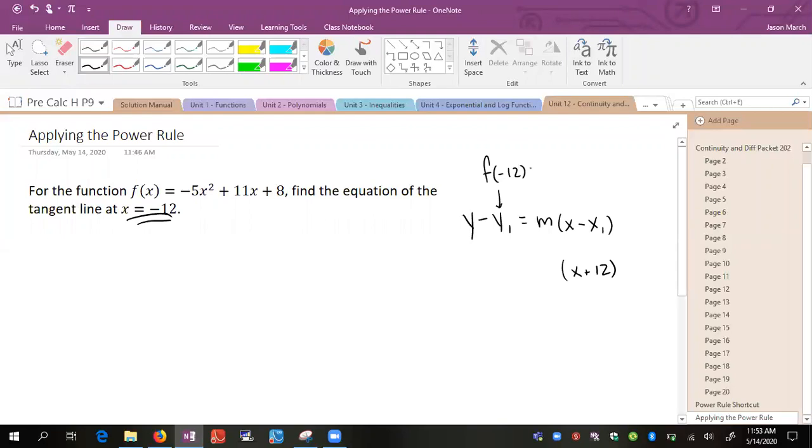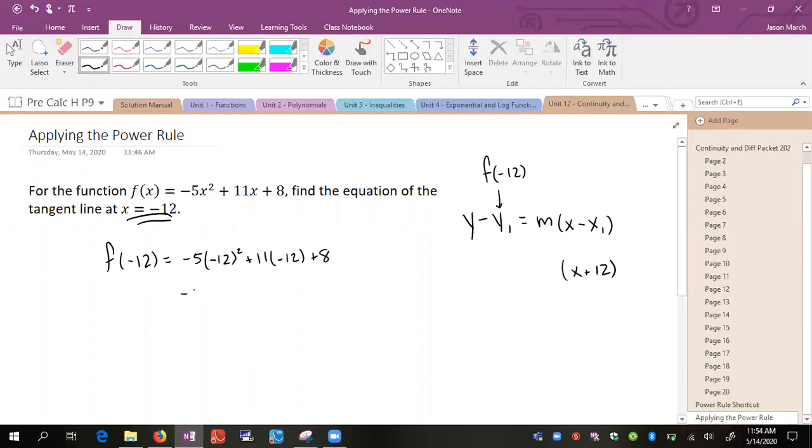So if we plug in -12 into the function, we get -5 times -12 squared plus 11 times -12 plus 8.